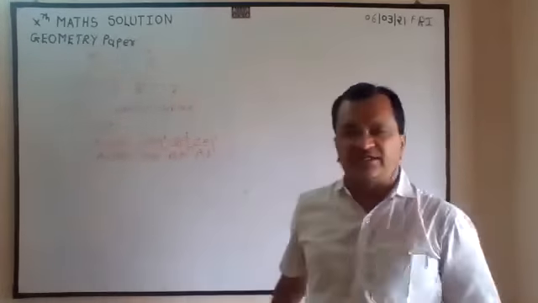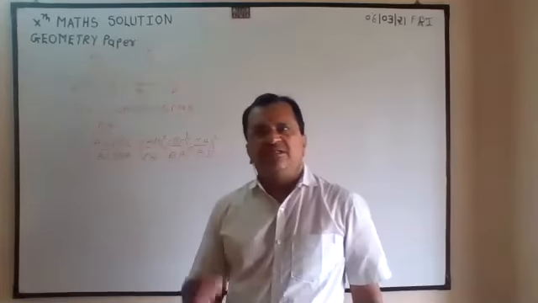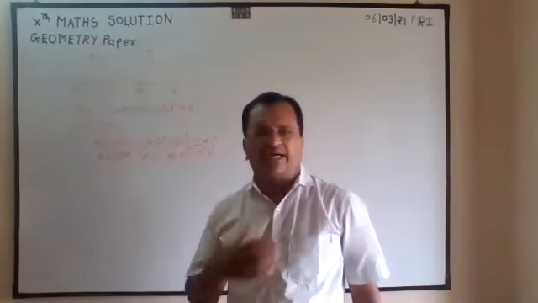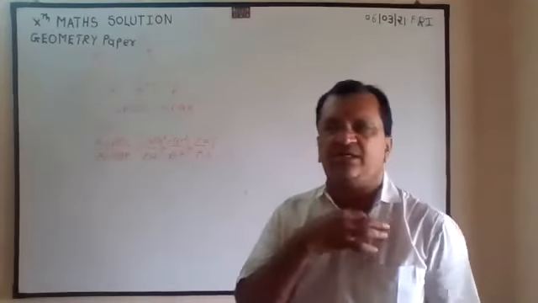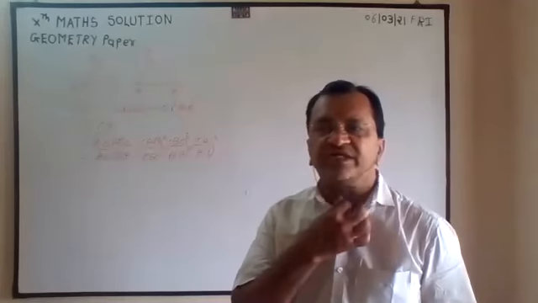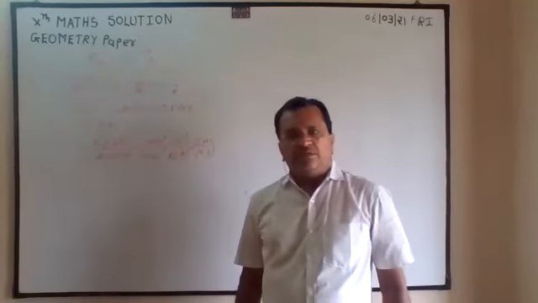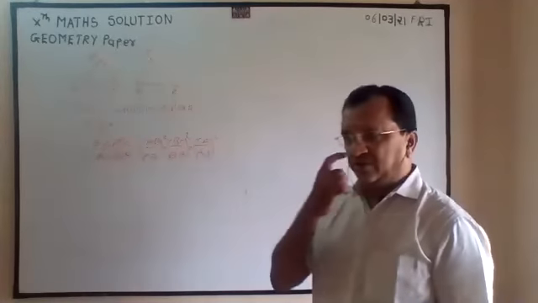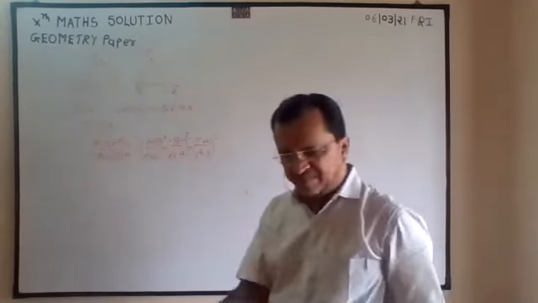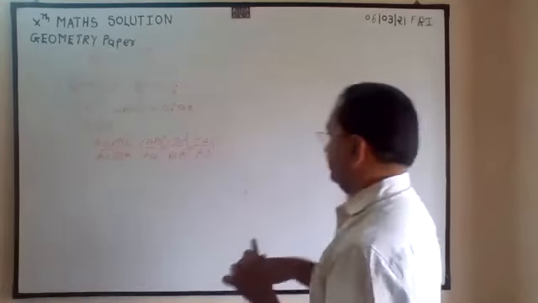If two triangles are similar, the ratio of areas of the two triangles is equal to the ratio of squares of respective sides. This we have to prove. That we will complete in 3 parts.